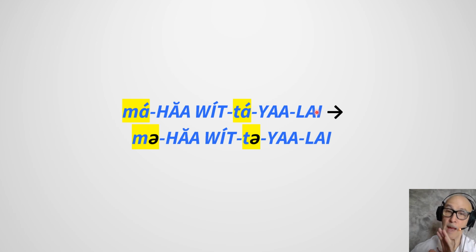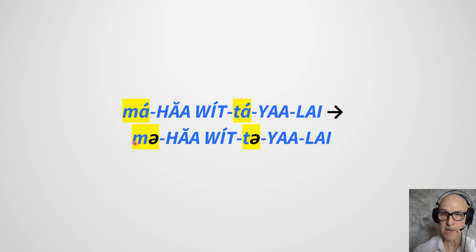Okay. Now, the reduced version: this and this high tone are going to be reduced to schwa. So just m, right? Real short, no definition. If you took this out of this word, you would have no idea how it was spelled, right?